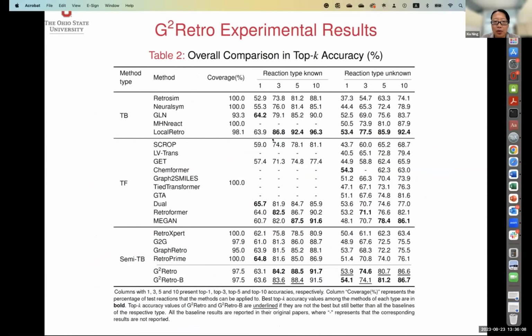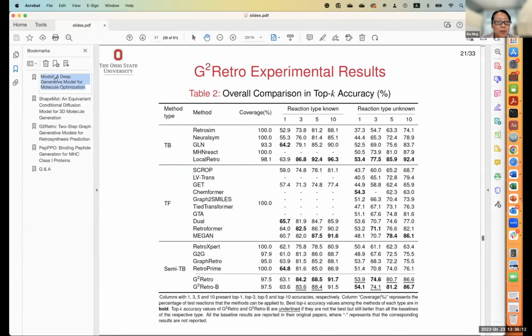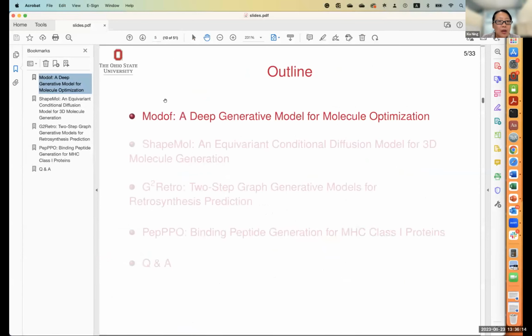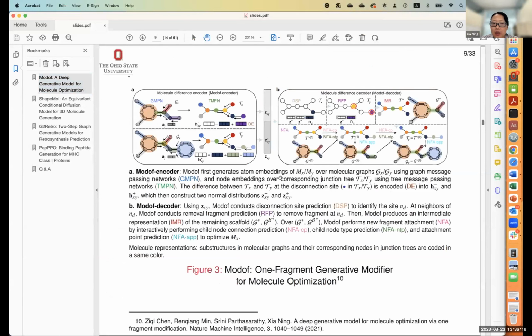So for the latent space, when we build it, we considered synthesizability a little bit, but not very explicitly, and we don't really consider how to synthesize the molecules in the end in the latent space.